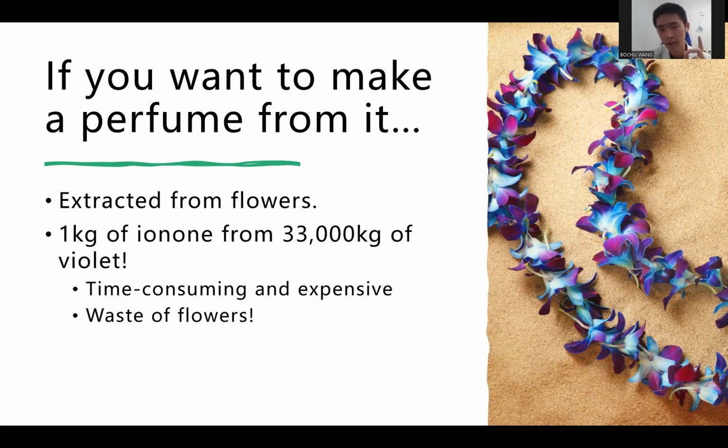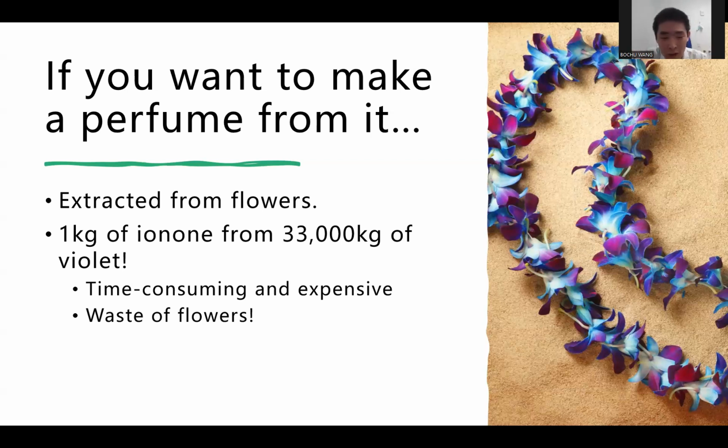But if you want to get 1 kilogram of ionone, you actually need to extract 33,000 kilograms of violet. And this is problematic because, first of all, it is time consuming. Second, it is expensive. And most importantly, it is a huge waste of beautiful flowers. And we don't really want that.